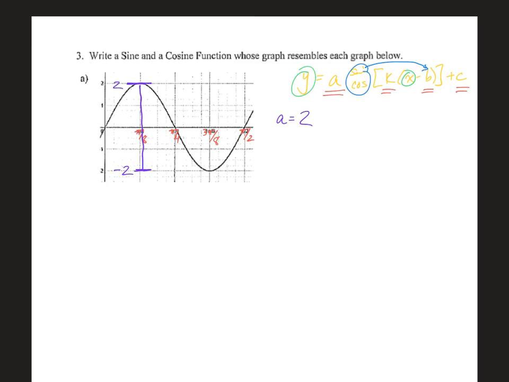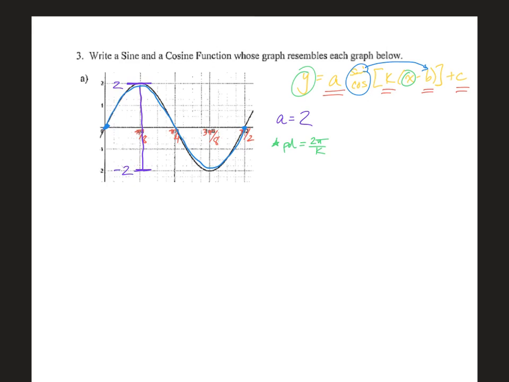Okay, if I get to my k value, well, I know I have that special relationship of period is 2 pi over k. Some people will go straight to using that. Others can look at that curve and say, I can see one complete cycle, and I can see how long it takes to complete that: pi by 2.